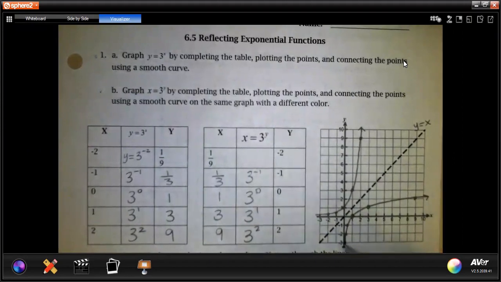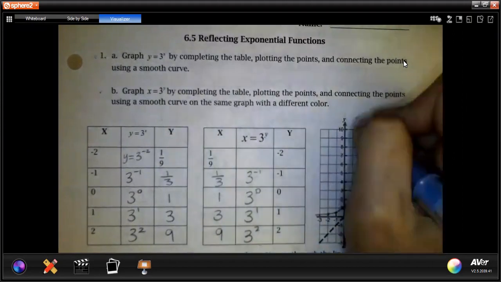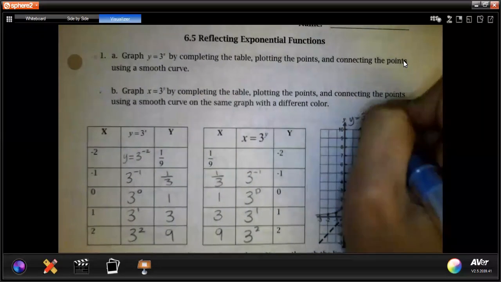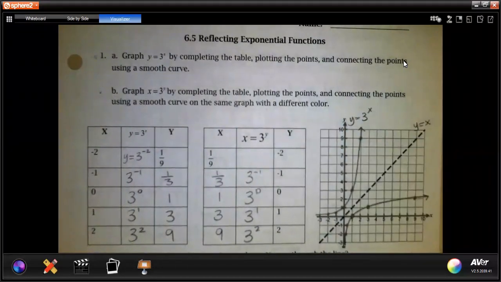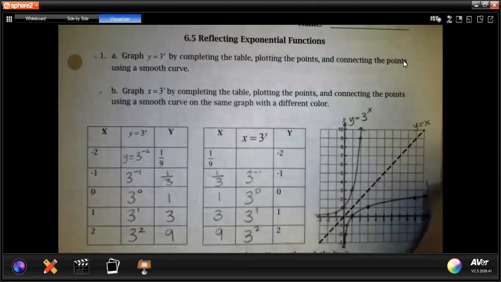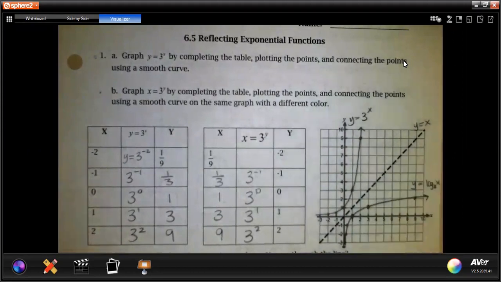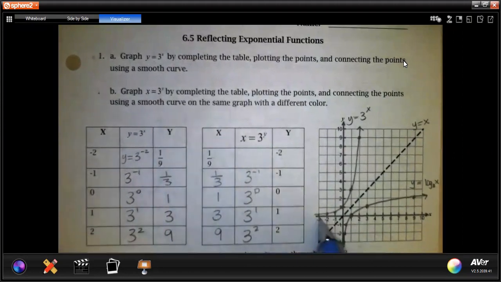So this is a log function, and we're going to get more into that. So our exponential here was y equals 3 to the x power. This log would be log base 3 of x. That's its inverse right there. And we'll get more into that as we move on through the lesson. But this one is an exponential, this one is a log, and they are inverses of each other.